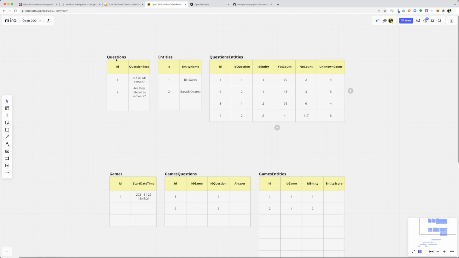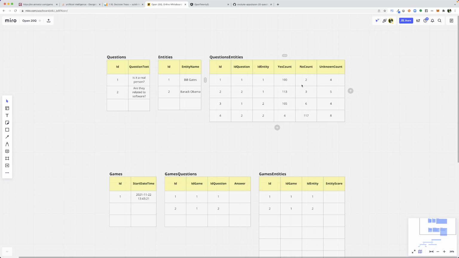Okay, so once we have the questions and entities, we need a way to relate them. And that is done in the questions entities table, where for each question entity pair, we have counts for each possible answer. So yes count tells us in how many games in which this entity and this question were played, so basically this entity was the correct answer and this question was asked, how many times the user answered yes.